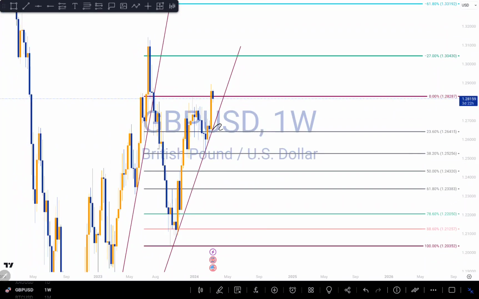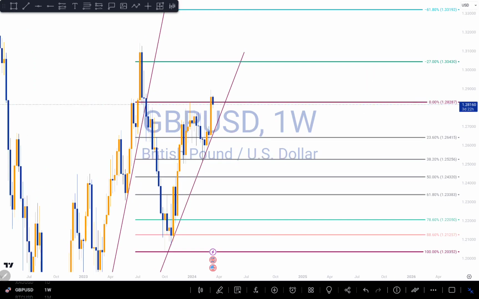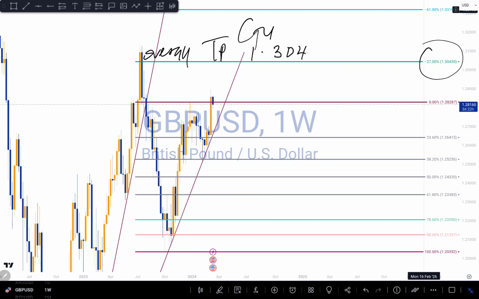We can see that we have this engulfing candle right here, right? But we know the market doesn't just go in a straight line. It goes in waves. It goes up, we push down, goes up, push down, right? So there's a possibility that we might push down a little bit, even despite the fact that my overall TP on GU is 1.30430.